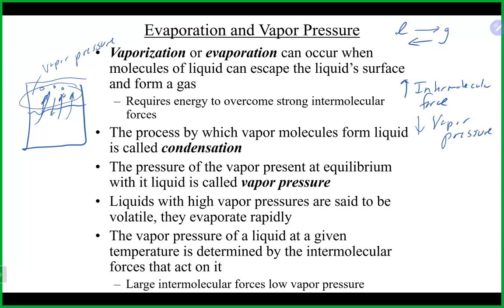A really strong intermolecular force keeps most of the molecules in the liquid phase, and not a lot of them escape into the gas phase, so you have a lower vapor pressure. A liquid with a weak intermolecular force allows molecules to escape into the gas phase easily and create a much higher vapor pressure.